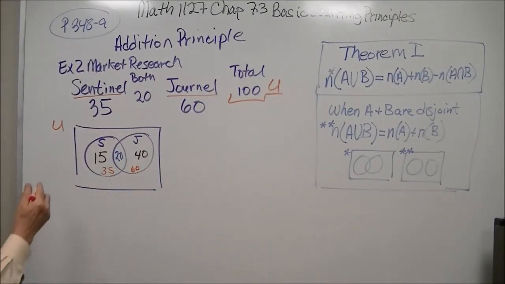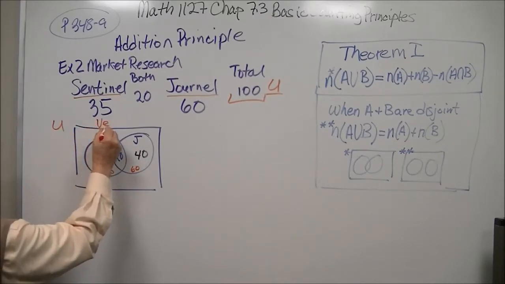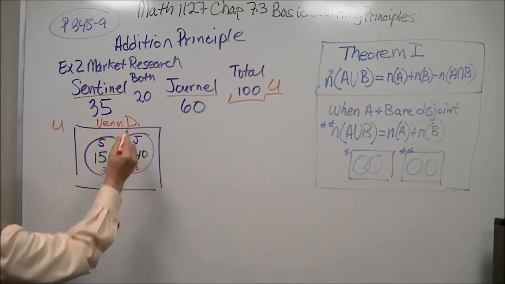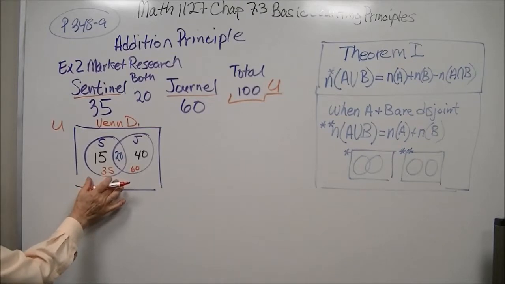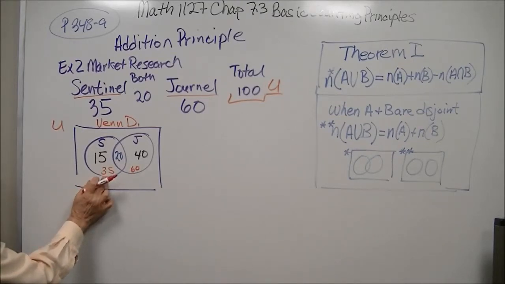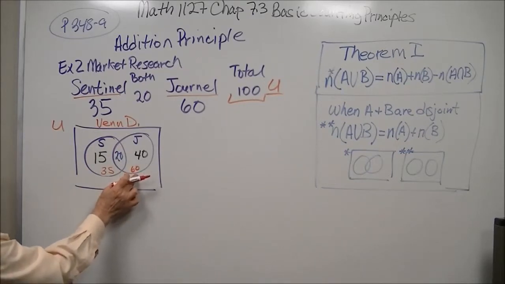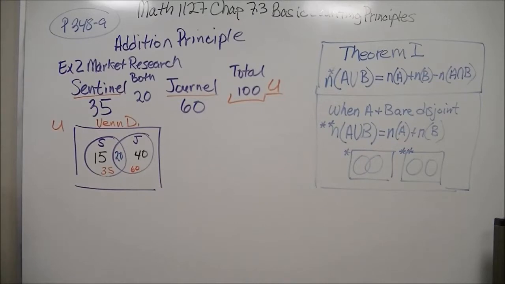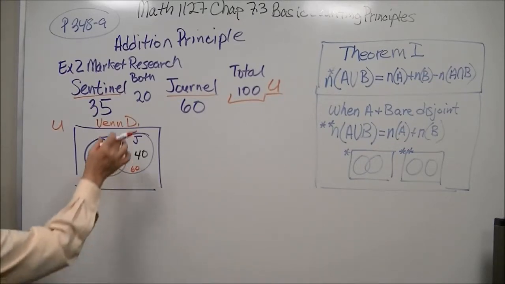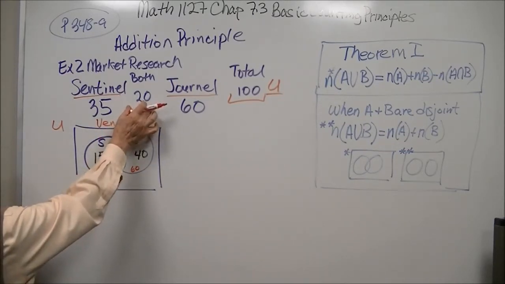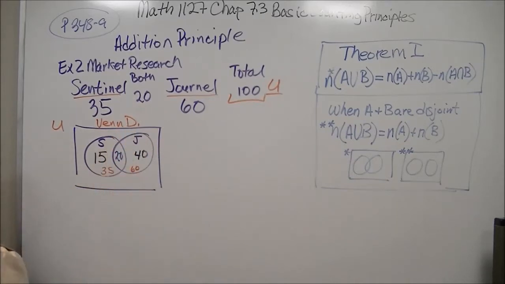So going back to our Venn diagram, this would be the 35 individuals that read the Sentinel, the 60 individuals that read the Journal. The strategy in doing this is that you put in your intersection first.